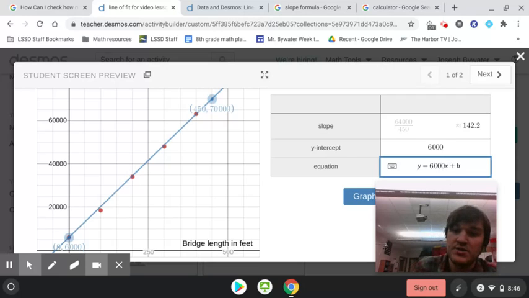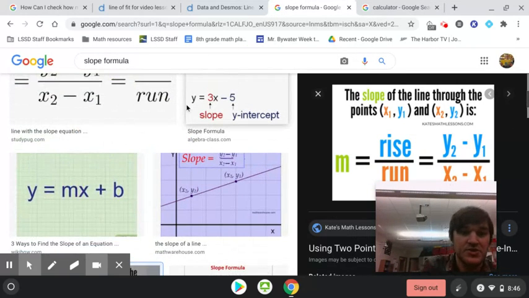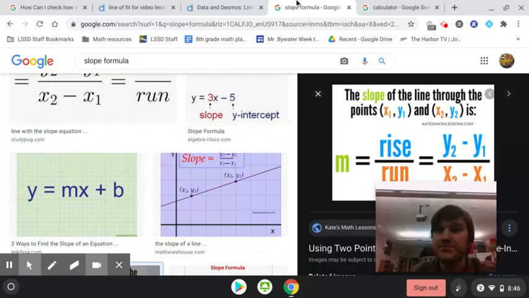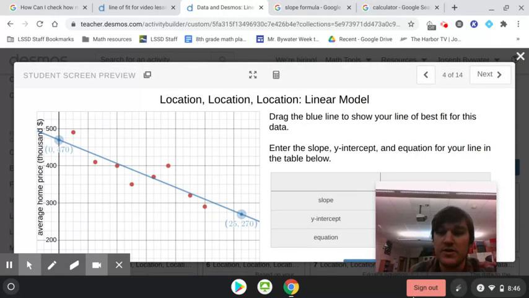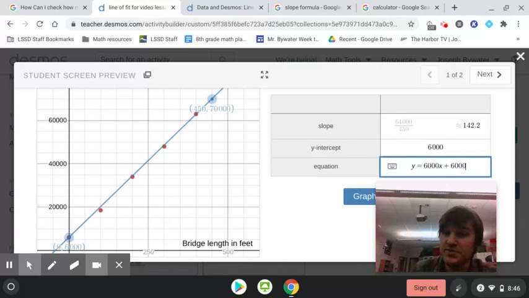The y-intercept goes in the b spot. I'm just using the good old slope-intercept form. So that's 6,000. There's my equation.